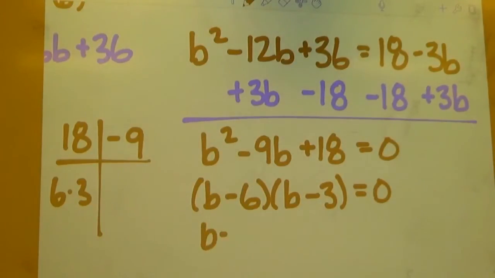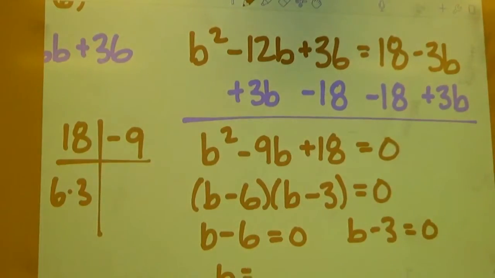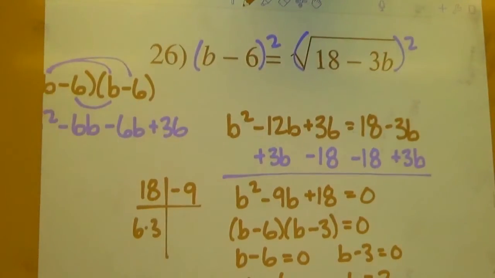So b minus 6 equals 0, b minus 3 equals 0. What's b equal on the left? 6. What's b equal on the right? 3. Good. Questions so far?